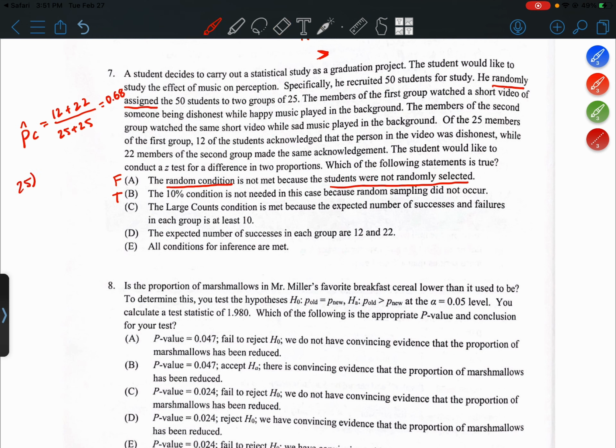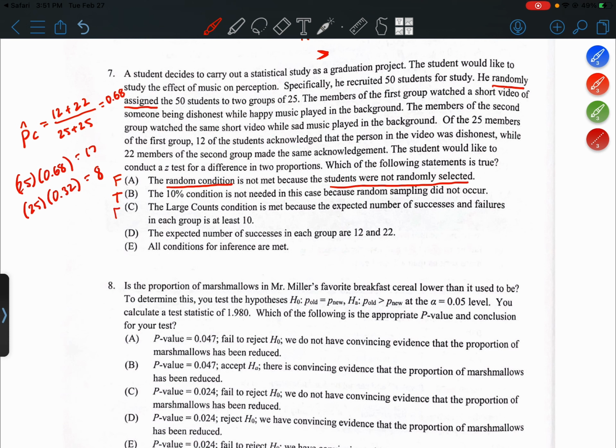So 25 times 0.68, and then 25 times 0.32. All right, so what are these going to be? 25 times 0.68 is 17, and 25 times 0.32 is 8. Okay, so the large counts condition is met.